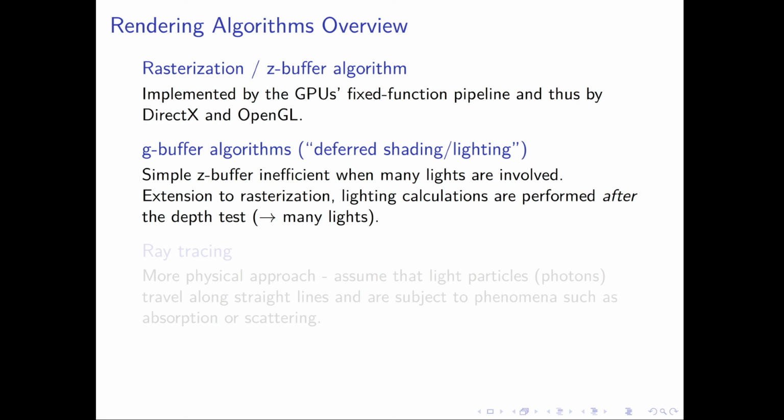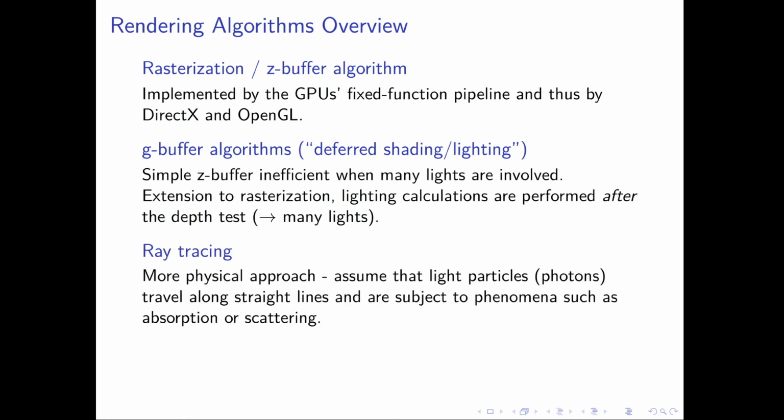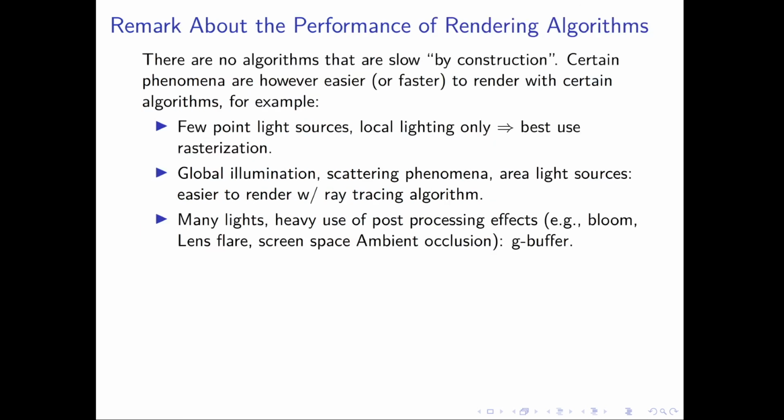And when we discuss the rasterization algorithm, we will discuss why the ordinary rasterization algorithm isn't very efficient in the presence of many lights. And then we will discuss ray tracing as more of a physically based approach that is quite different from the two rasterization-based algorithms, but it is interesting nevertheless.